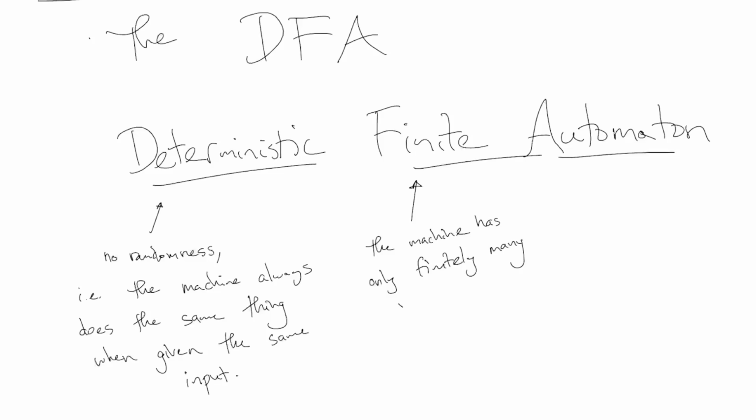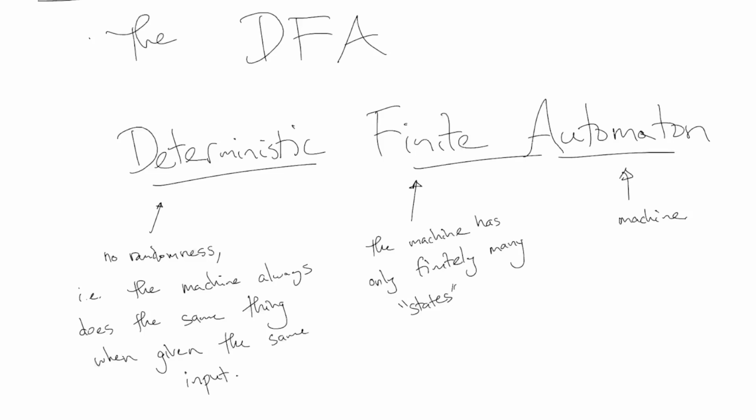Finitely many states. You could imagine the states represent something like the machine's memory or the different configurations that the machine could be in, something like that. This will become immediately clear once we do some specific examples. And then, automaton is just a fancy word for robot or machine or something like that. This is the deterministic finite automaton.